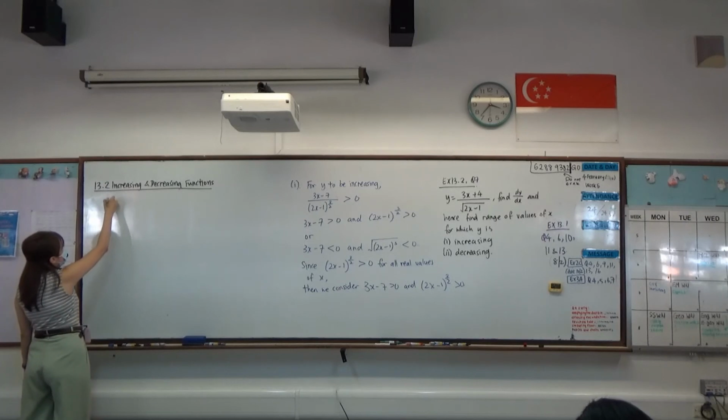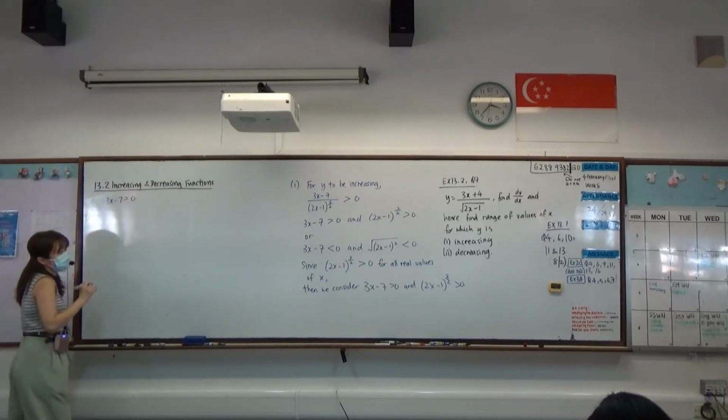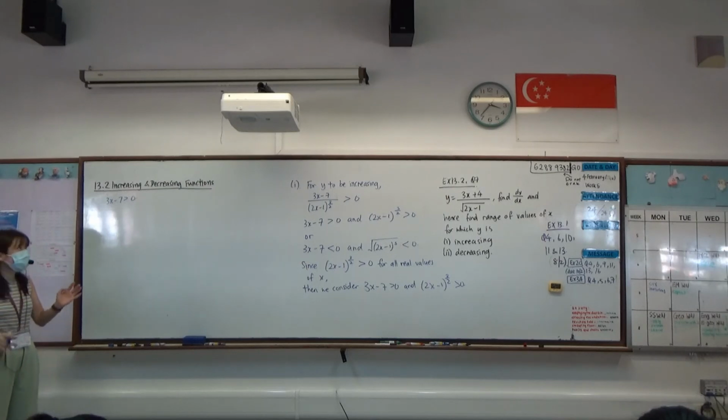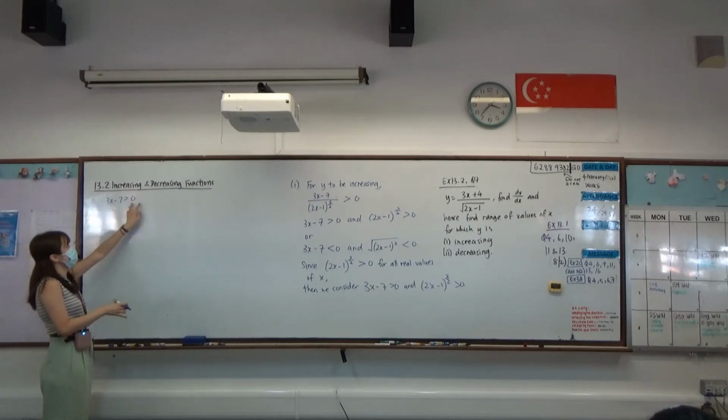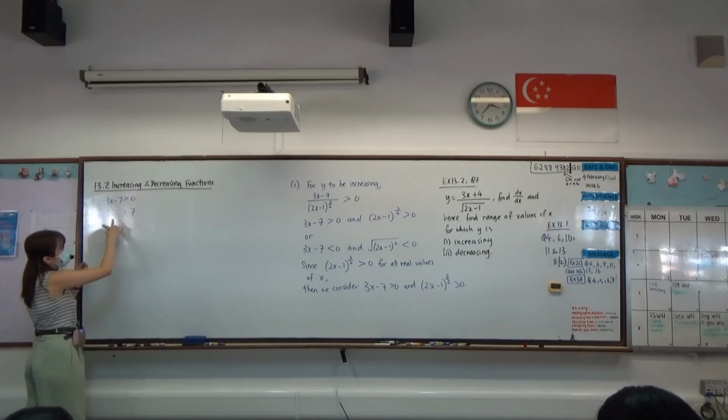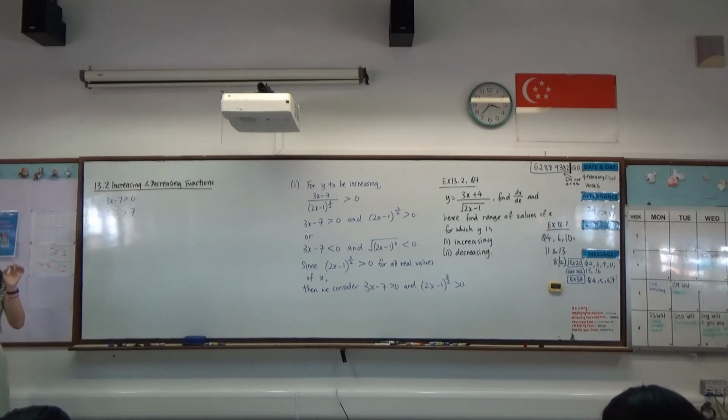Solving our 3x minus 7 more than 0, this inequality itself is fairly manageable. We shift the negative 7 to the right. This is one of the linear inequalities we can do.